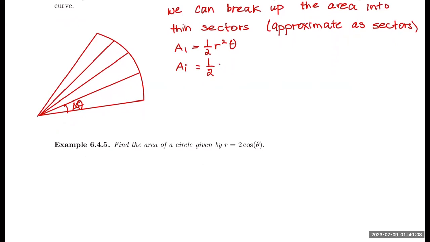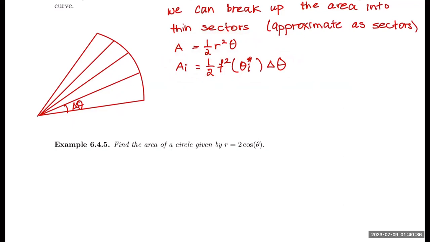Careful to differentiate this one: we're using the squared instead of the double prime. So that's going to be theta i star, and we're going to multiply it by the width of the angle, which is delta theta. So that's the area of the sector. So that means the ith area is going to be given by this.